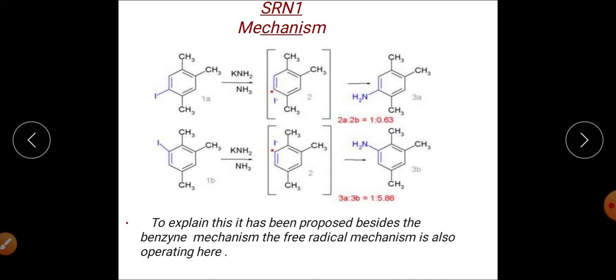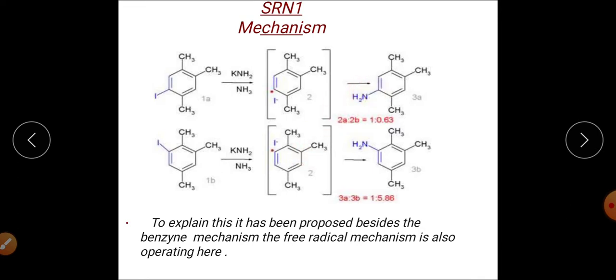So if we compare, if the mechanism is allowed to proceed via benzyne, at that time you will get this particular benzyne, right? There is no other possibility. In both the cases you will get only a single benzyne. So the proportion, the ratio of both the products in both the reactions will be the same at that time, but it is not the same. It means the reaction is not proceeding with benzyne mechanism.